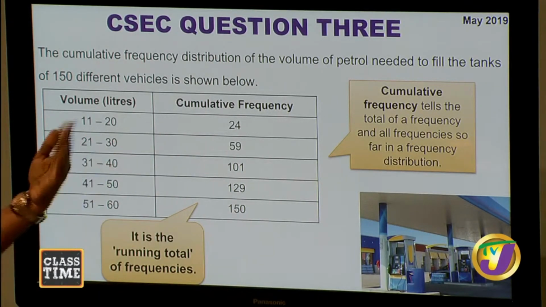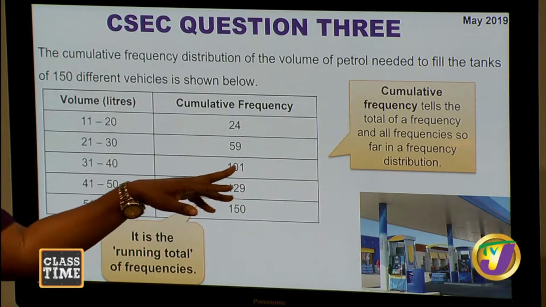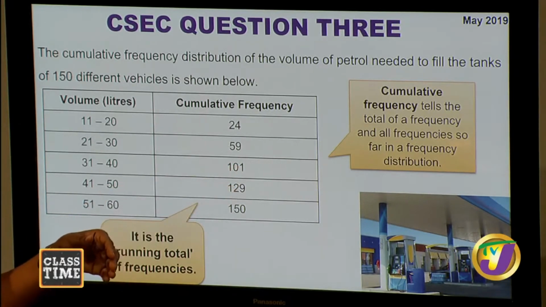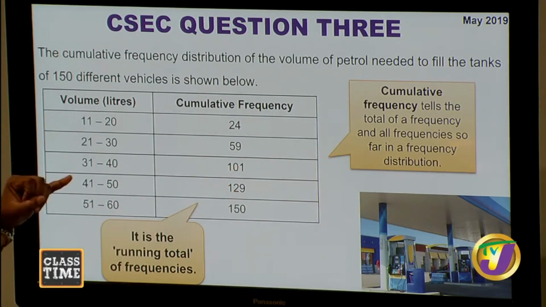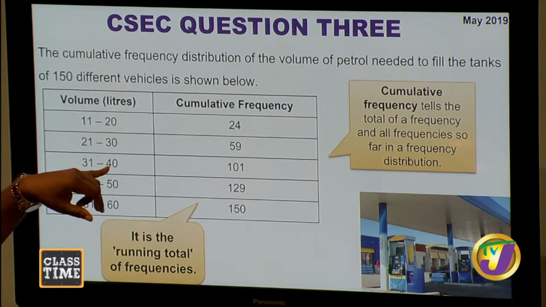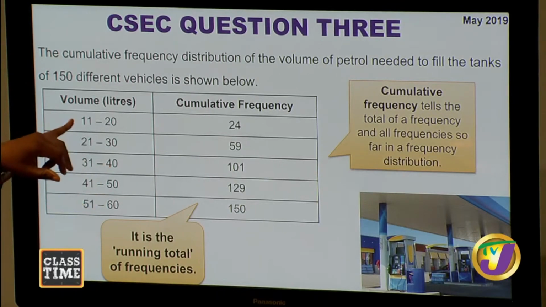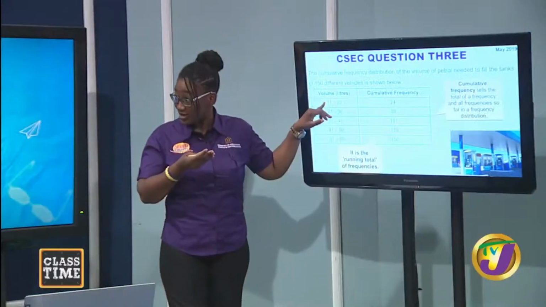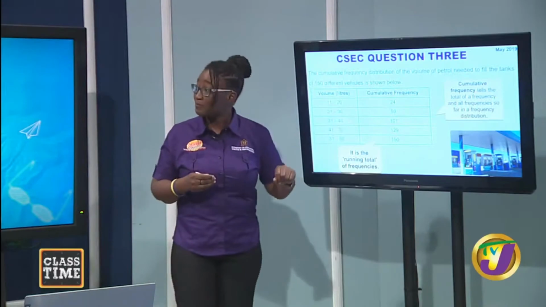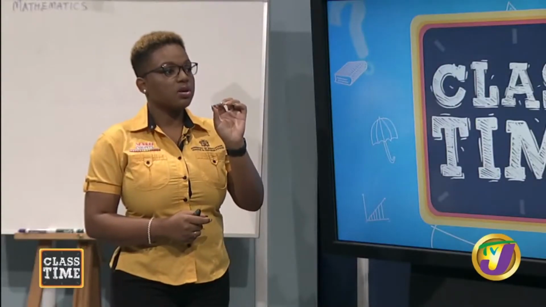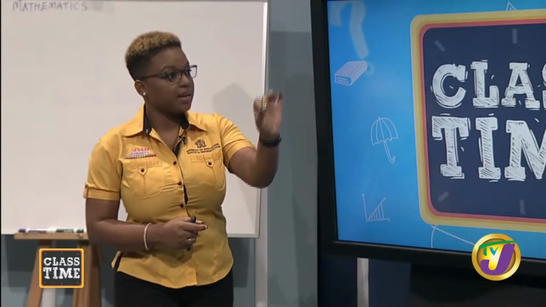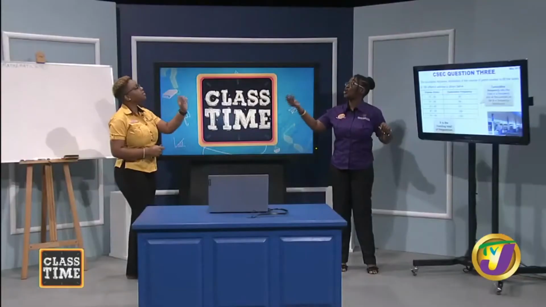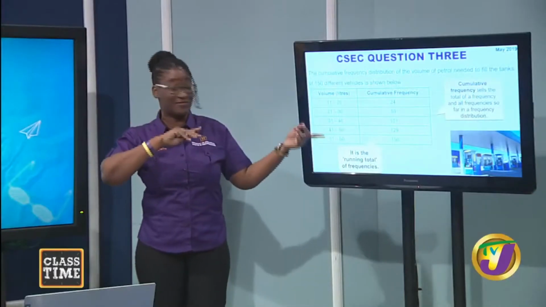And if we take it a step further, we have 101 vehicles here. That 101 is representing vehicles requiring 40 liters or less, all the way back to the 11 there. So that 101 value takes into consideration the 59 and the 24, and the 59 already had the 24, so we don't even have to go that far back.